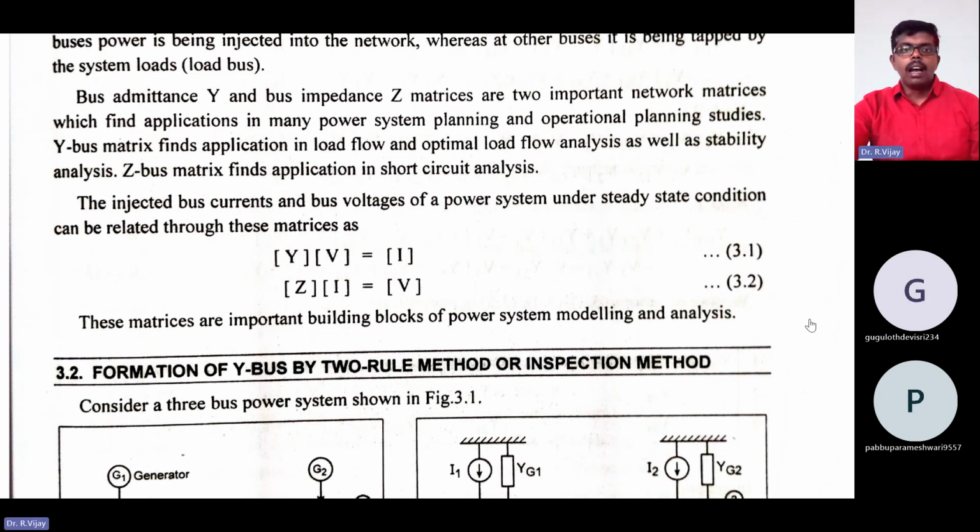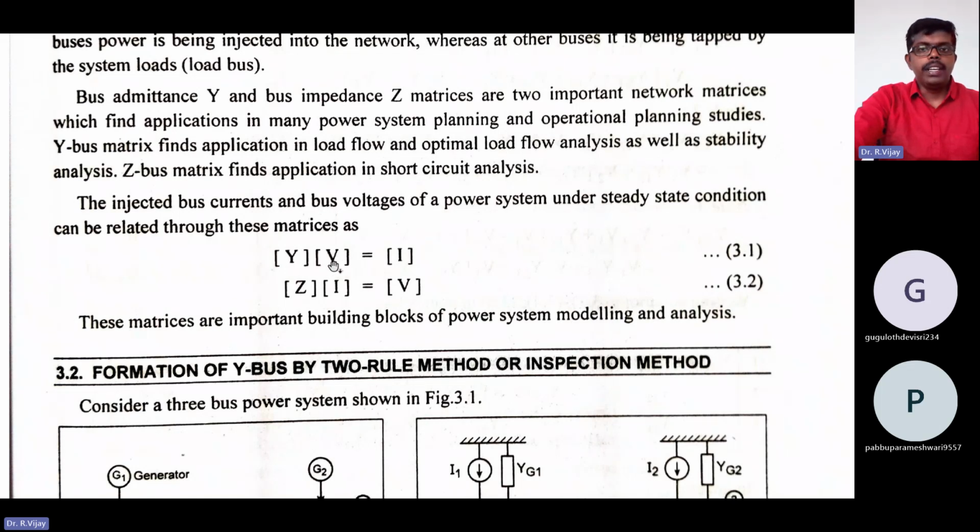Next, the injected bus current and bus voltage of the bus system under steady state conditions. How can you relate them?